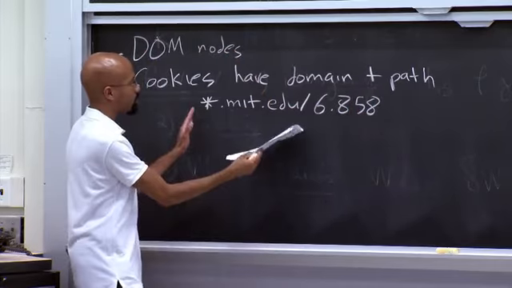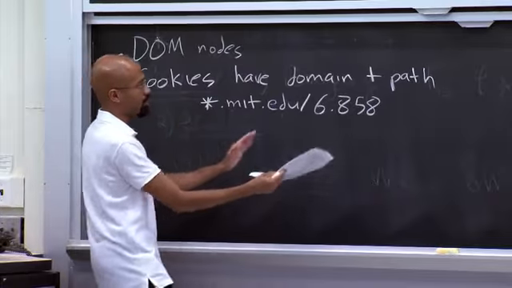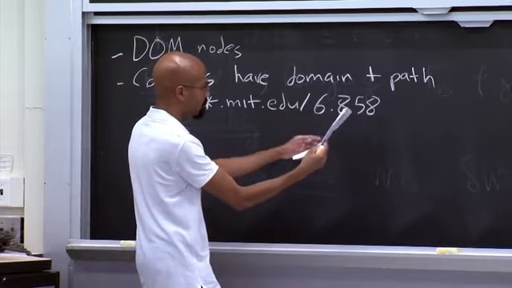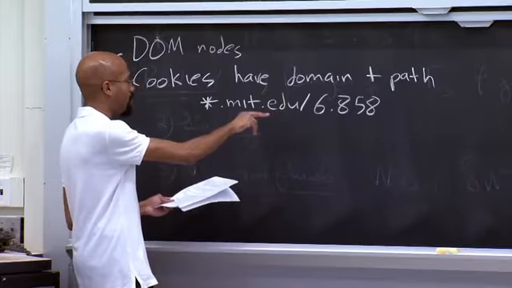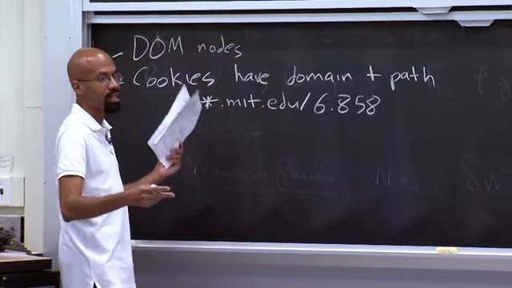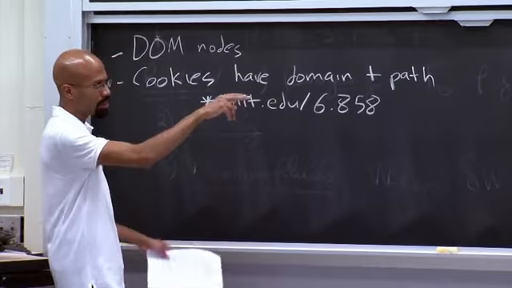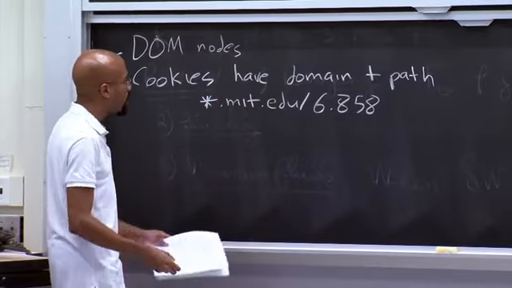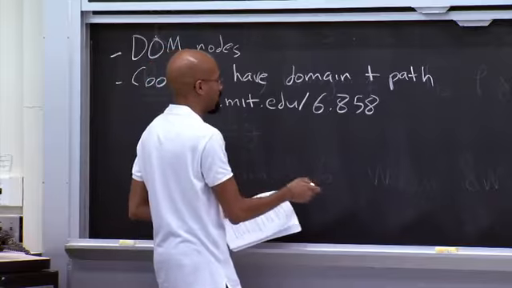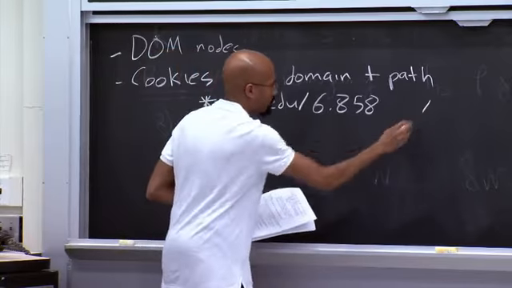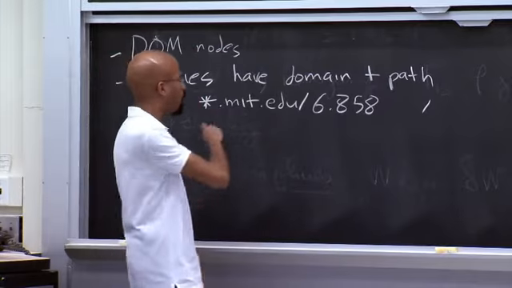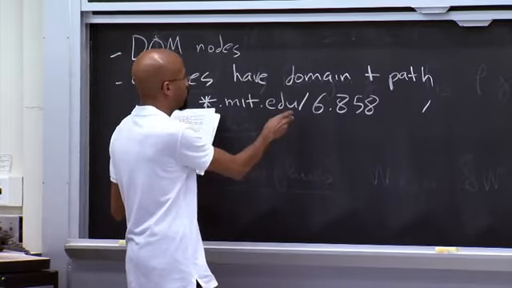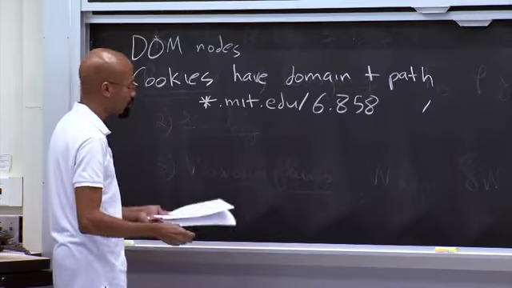So you've got this domain thing sitting here, and then you've got this path thing sitting over here. Note that this domain can possibly be a suffix of the page's current domain, so you can play somewhat similar tricks as we had over there. And note that this path here can actually be set to just the slash with nothing else there, which indicates that all paths in the domain should be able to have access to this cookie here.